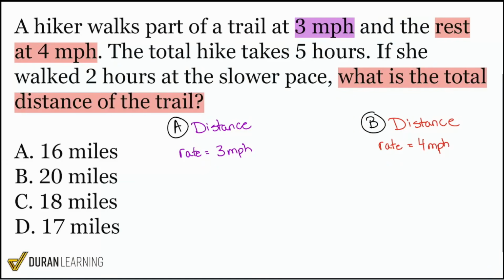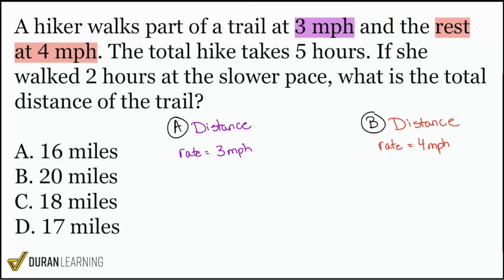Again, you have to be organized here. Let me also get rid of this so it doesn't confuse the red with you. Now, it says the total hike takes 5 hours. One more time, the total hike takes 5 hours.